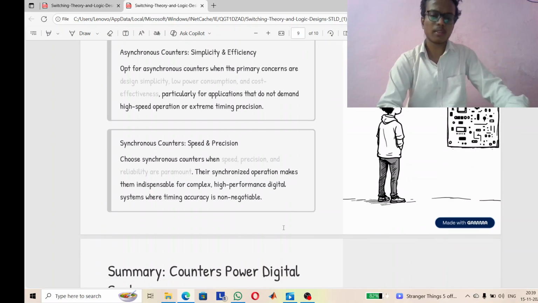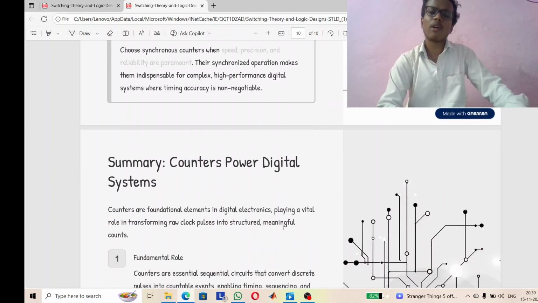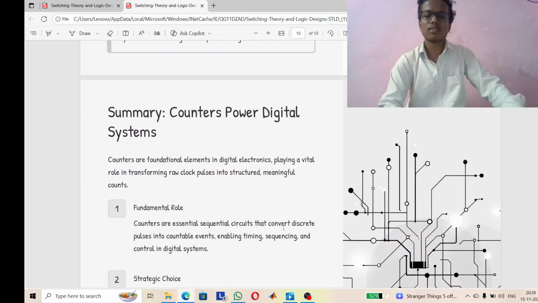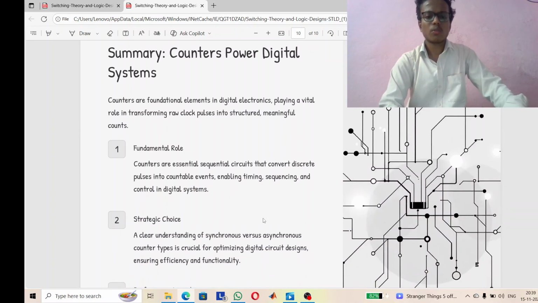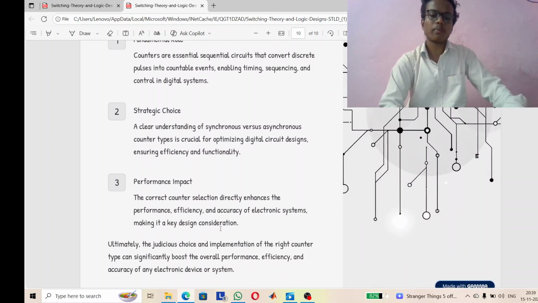Now let's see the counters' power in digital systems. There are three aspects: a fundamental role, a strategic choice, and a performance impact.